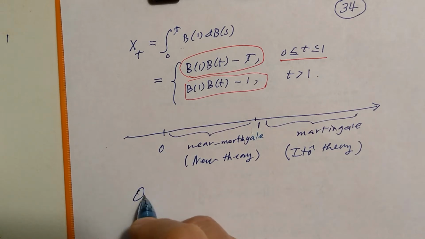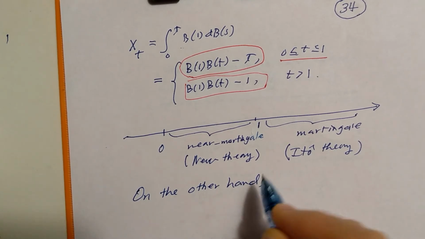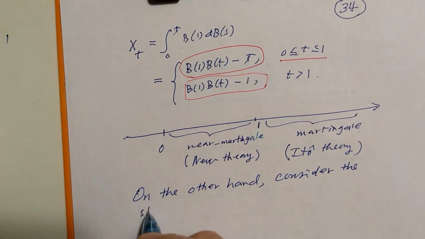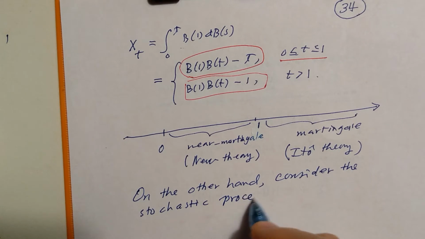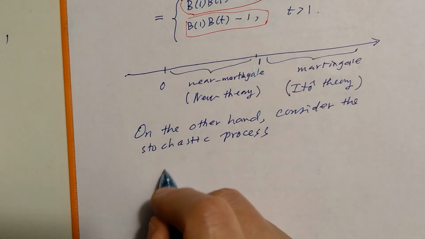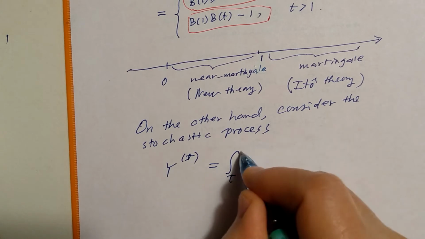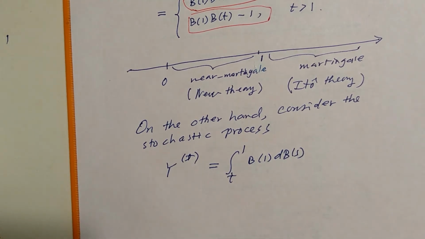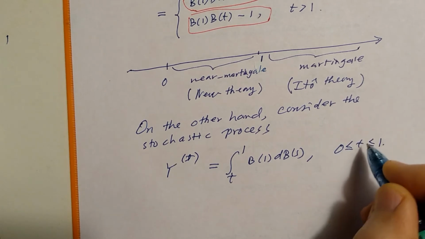On the other hand, consider the stochastic process which I denote by Y sub t, and this is the integral from t to 1 of B1 dBs, for t between 0 and 1.